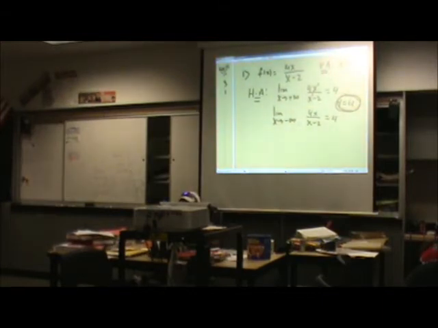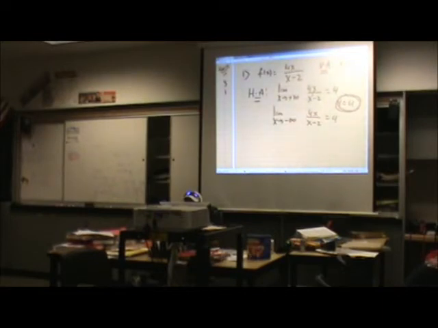Yes. If the powers were different, would it be... If the power on the top is bigger than the power on the bottom, then it will not have a horizontal asymptote. It will either go to positive infinity or negative infinity.